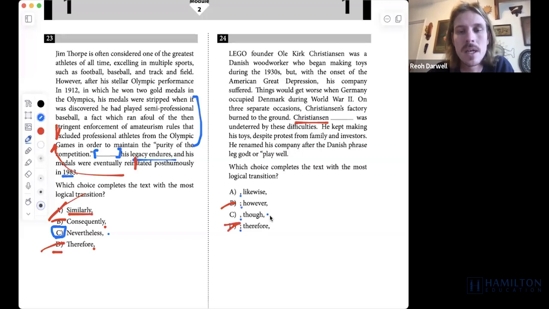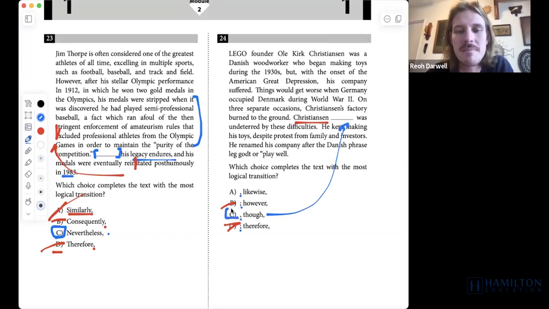All right. So now we're between likewise and though, because the punctuation eliminates B and D, even if B is using the right type of transition. So though is a good contrasting information category for transitions. And we put it within the pair of commas because it is embedded within the clause.